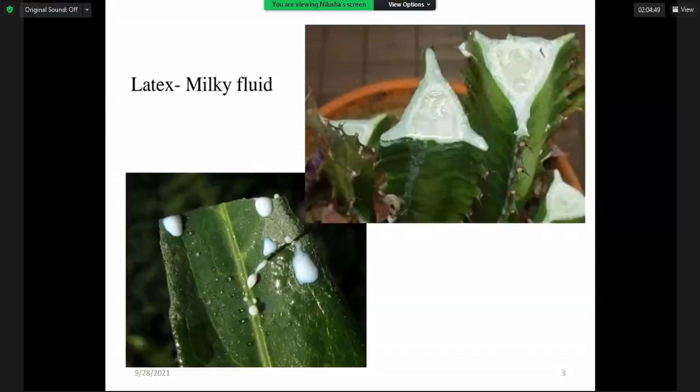Understood? Yes, ma'am. Don't worry about that. When your physical lectures begin, we will display all the images. But it's better now, you can get the idea now.